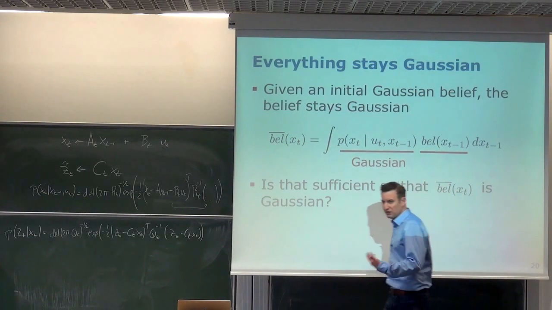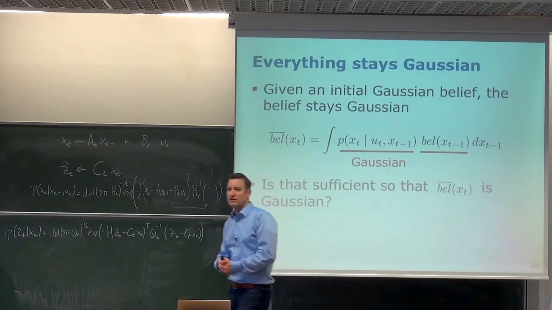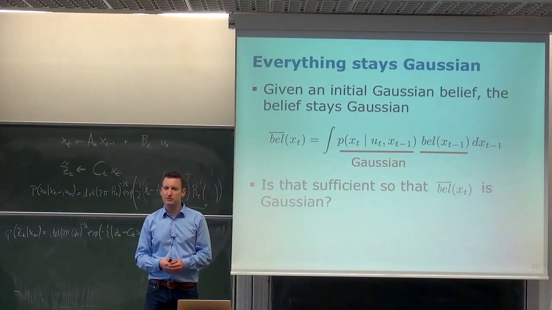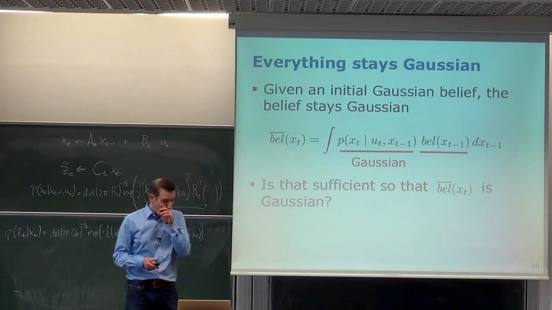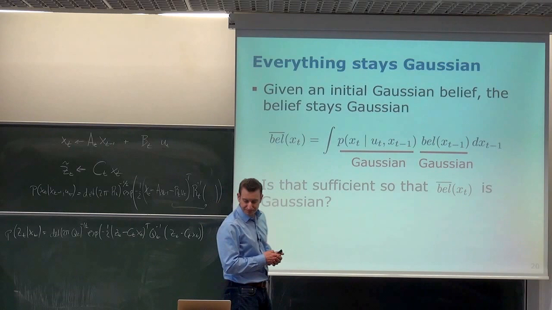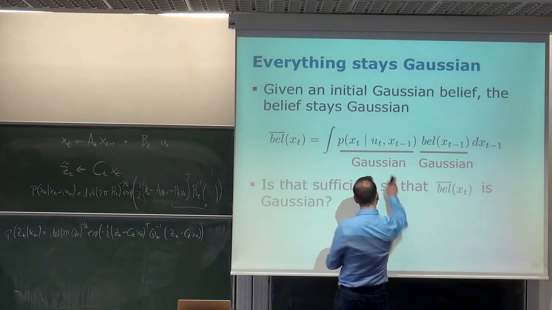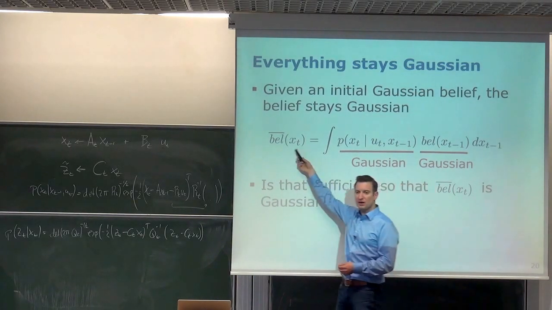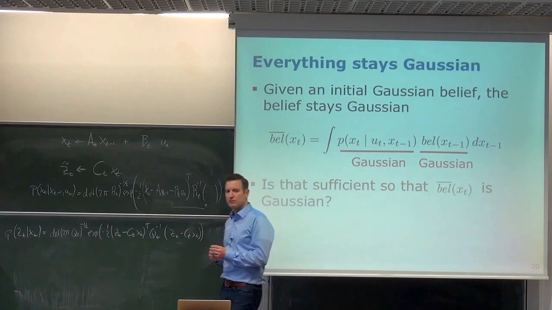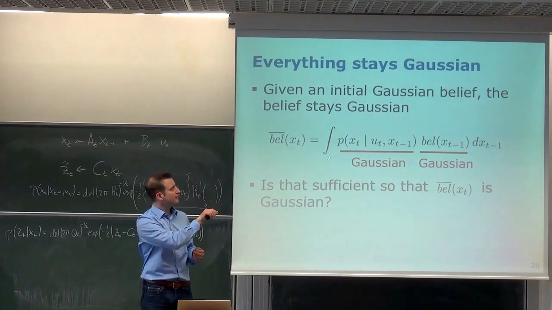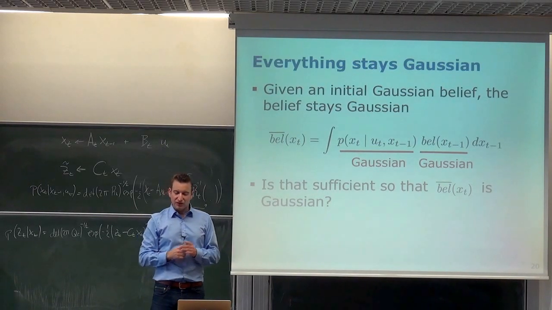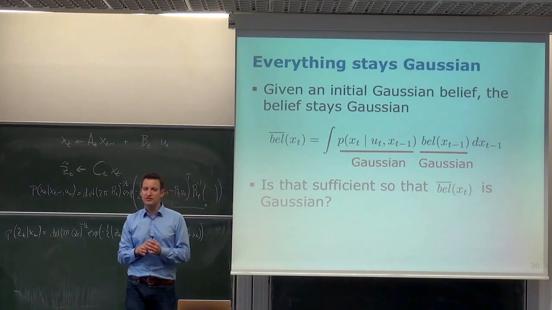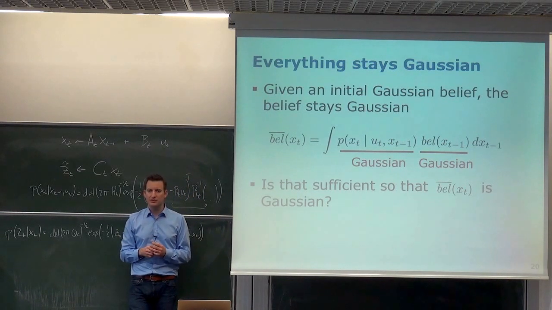Even if it is 0 mean and a covariance matrix which is infinitely large, maximum uncertainty. If I don't know anything, I can still say this is this shape. Okay, so this is a Gaussian. The question is, if this is Gaussian, will this be a Gaussian distribution? Because I have this ugly integral in there. So this may require further investigation if this is Gaussian or if this is not Gaussian.